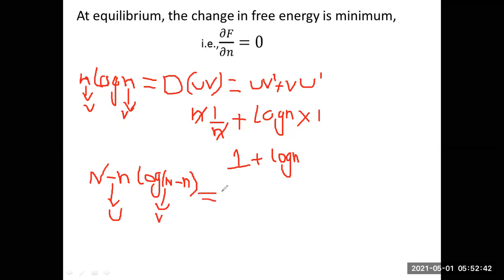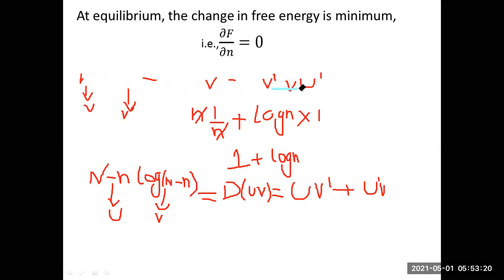This we just differentiated, d of u and v. So in the same manner, u v dash plus u dash v, right? Clear, everybody? I think this you understood. So I'm just removing this.